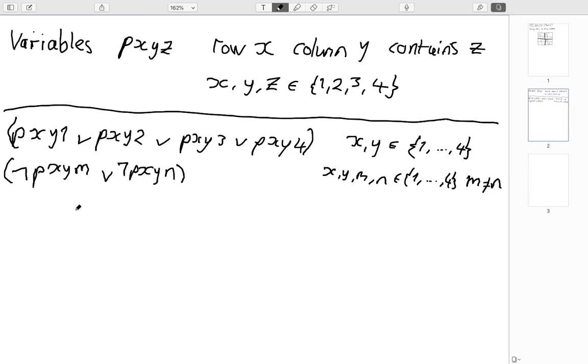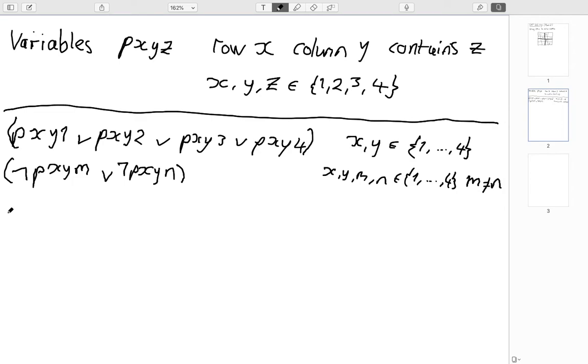Right, now we want to do similar things for rows and columns. So for every row and every number, we want to say the number occurs in that row.